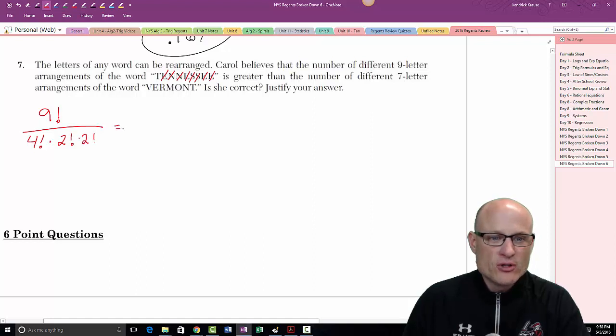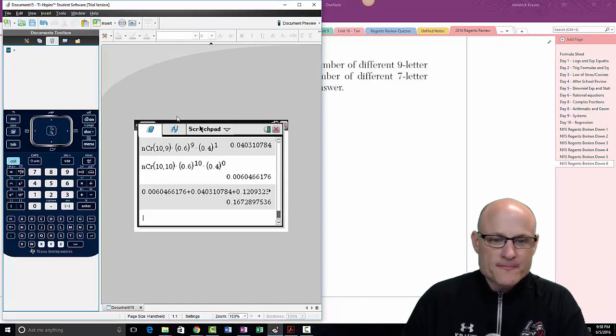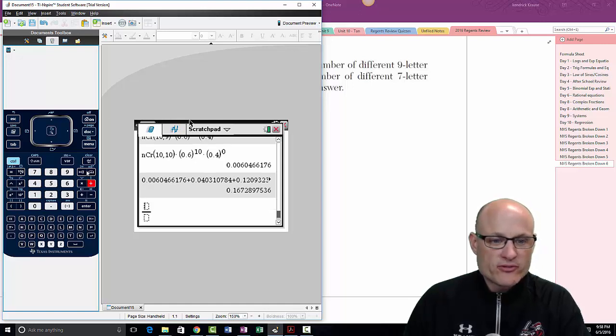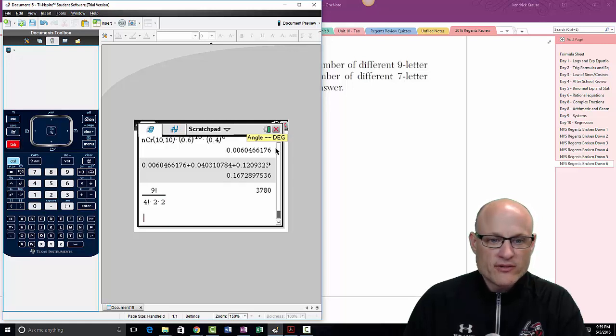Remember, 2 factorial is just 2. Start with a division fraction. If you don't do a fraction, you're going to mess it up. Guaranteed. 9 factorial all over 4 factorial times 2 times 2.